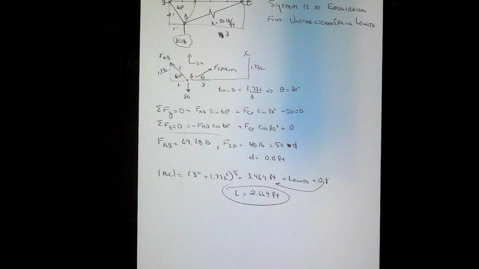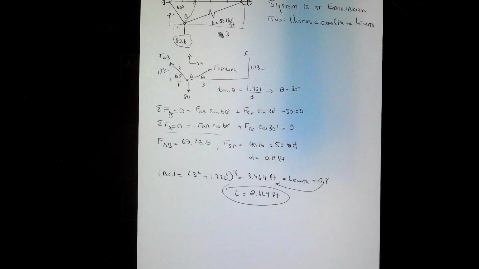So what we have here is a bar, so it's rigid, and it was originally up here. This is 5 feet from pin to pin. This is 2 feet long, so this rotated down from this position like so. And then here I had a spring.